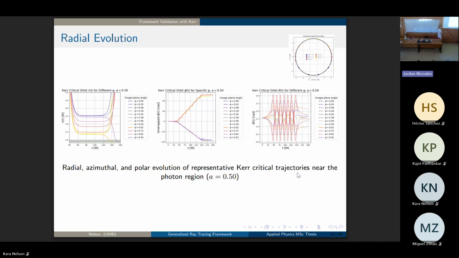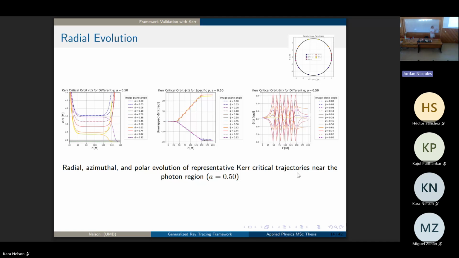This is coordinate time. We zoomed in on the interesting part of the photon region. This is a moderate spin, so there should be some separation, some frame dragging presence. You can see the separation of prograde and retrograde radii.